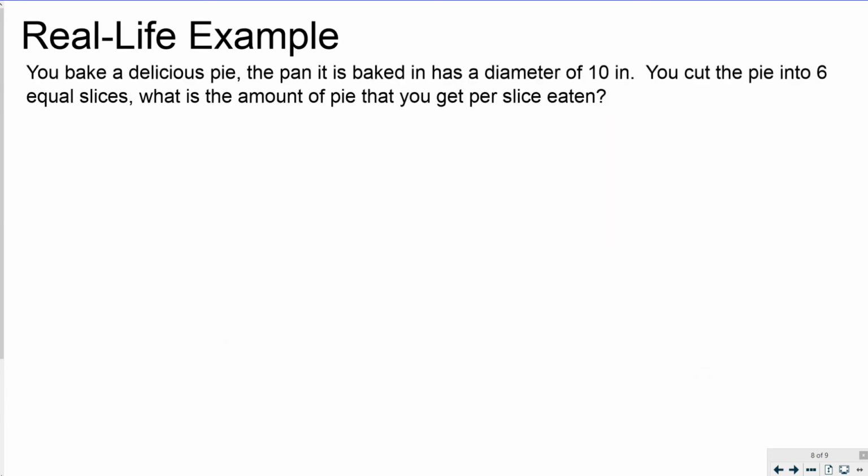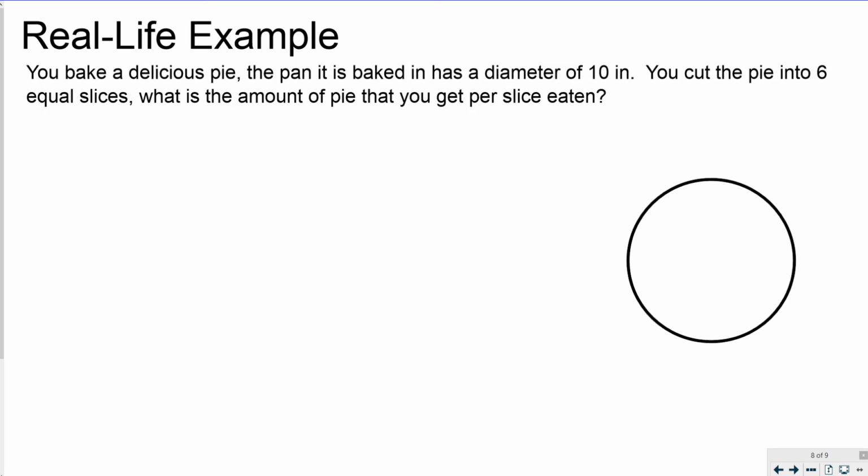And finally, a real-life example. You bake a delicious pie. The pan it is baked in has a diameter of 10 inches. You cut the pie into 6 equal slices. What is the amount of pie that you get per slice eaten? So, what we're going to have to do is start by drawing a circle.